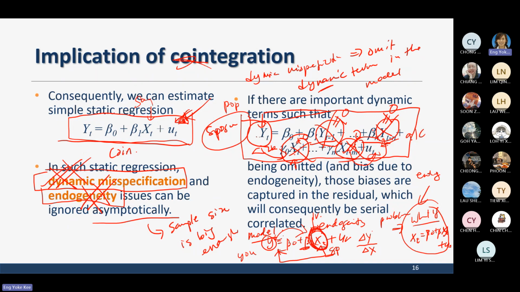So you say, oh, it's okay because we managed to detect there is a long run relationship, there is a co-integration relationship. And given that our sample size is relatively big, all this econometric problem can be directly ignored. So that is a good implication of finding co-integration. See, simple concepts have big impact on analysis.